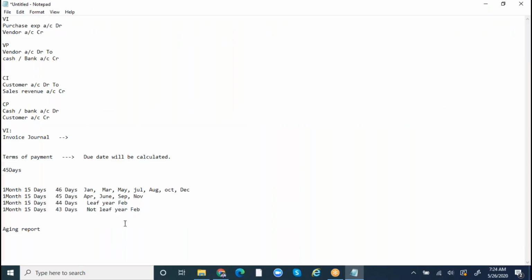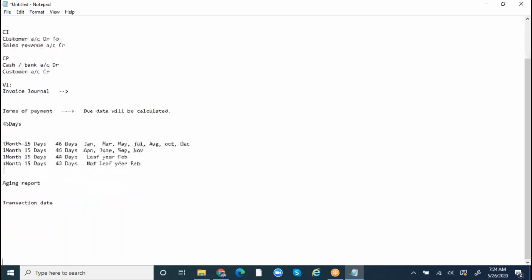So there are 3 dates always: transaction date, invoice date or document date, both are the same here, and then the due date.